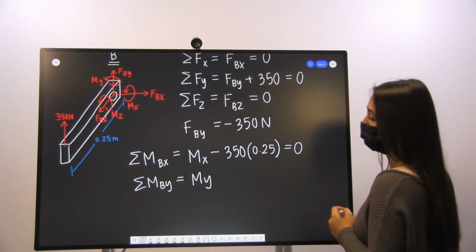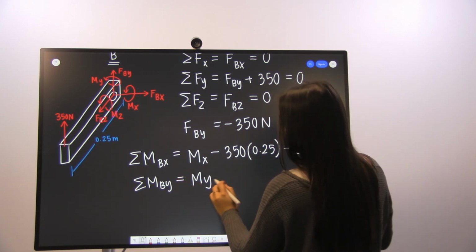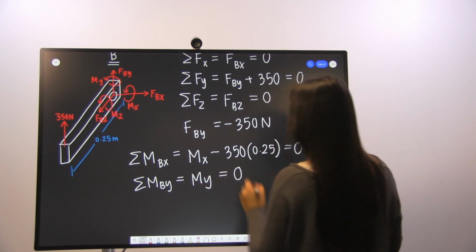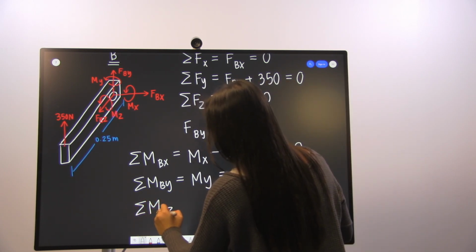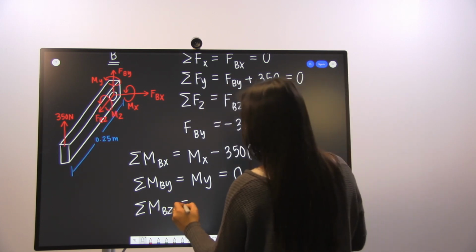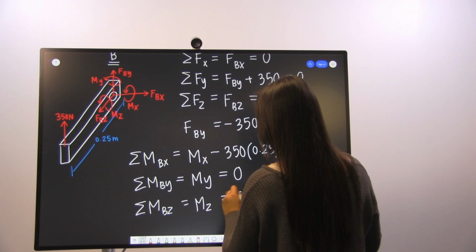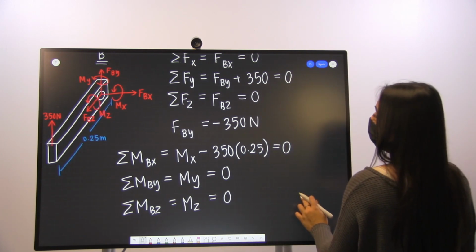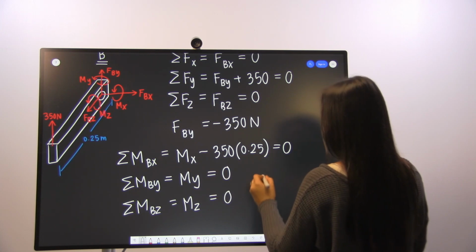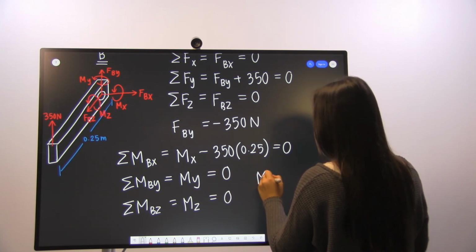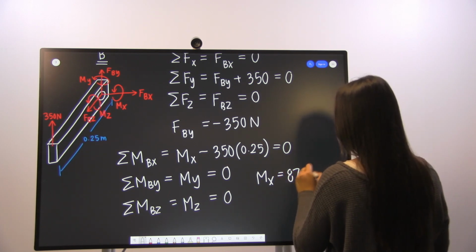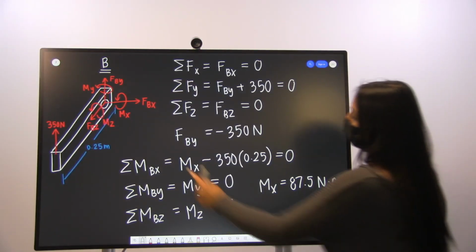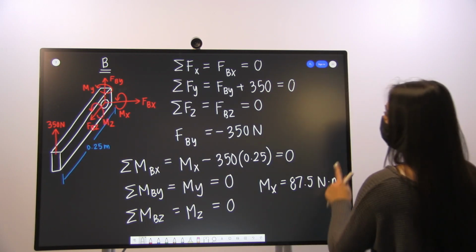We have no forces to cause a resultant moment, so again the equilibrium equation is going to be equal to 0. And we have the same scenario in z, and we have Mz, and that is going to be equal to 0. So now we can solve for Mx by rearranging this equation, and we find that Mx is equal to 87.5 Newton meters.